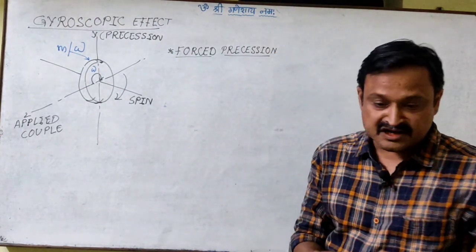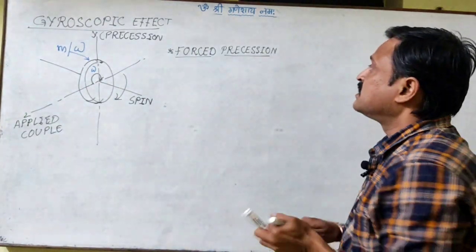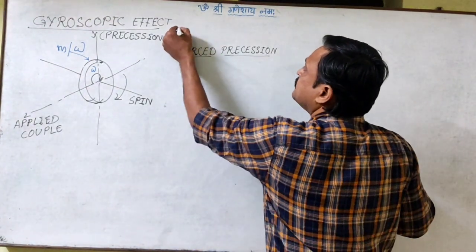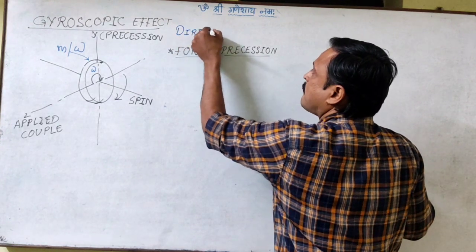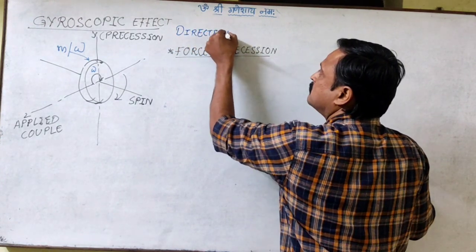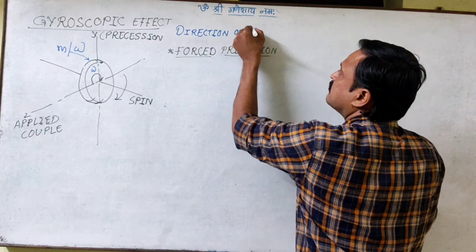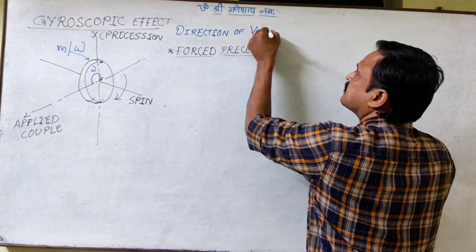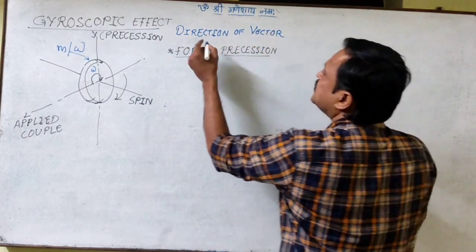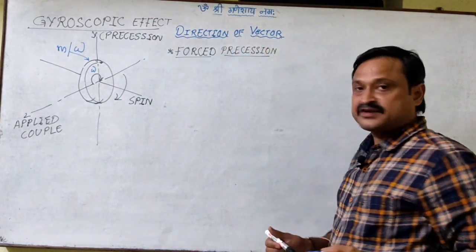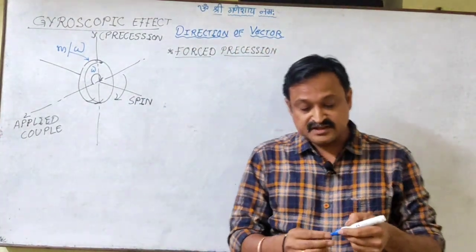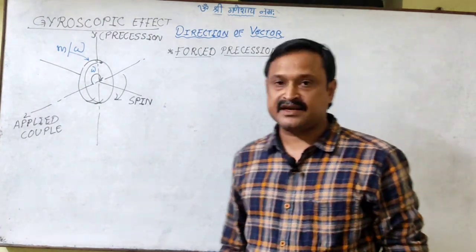What we are trying to understand here is how I can determine the direction of the vector.